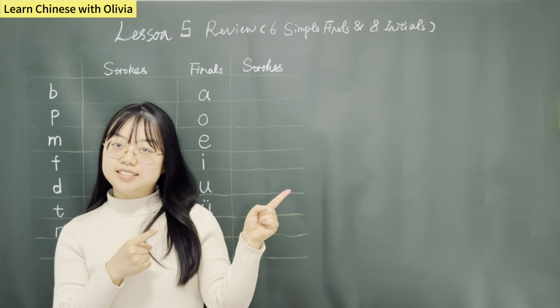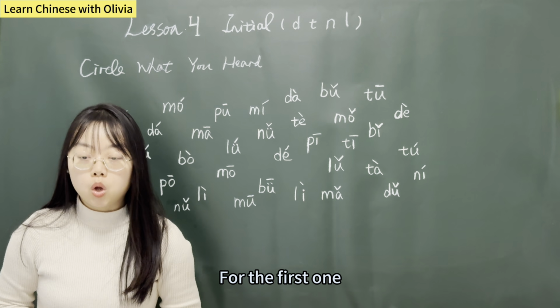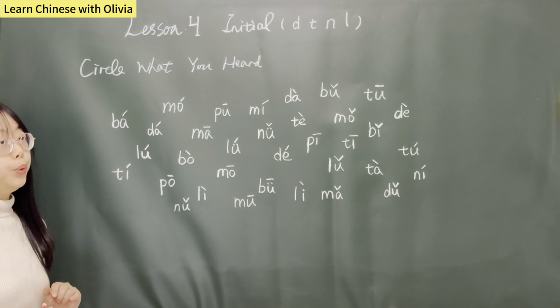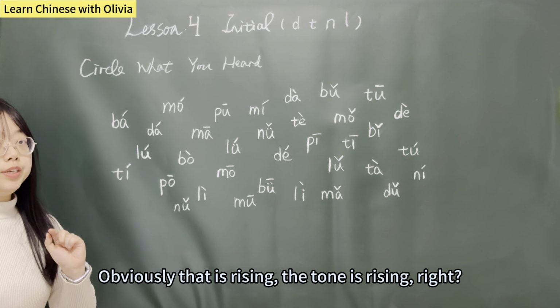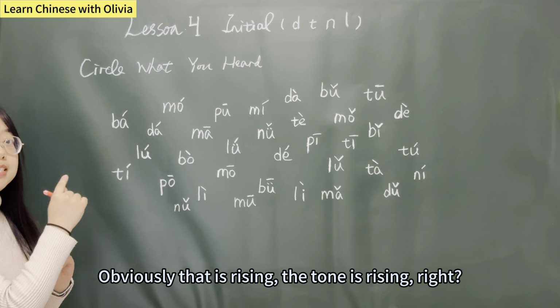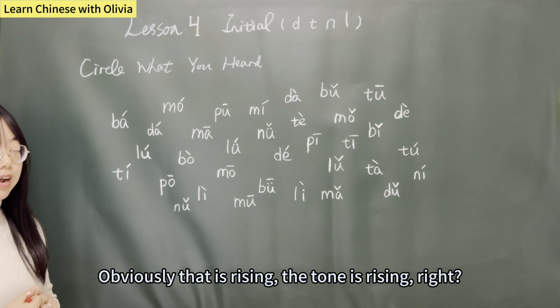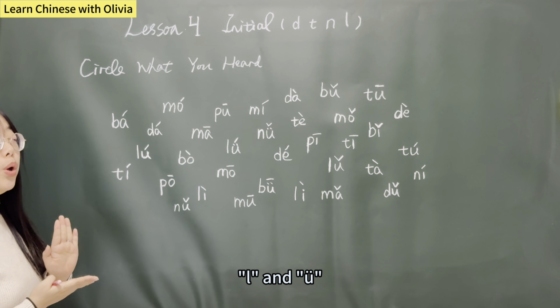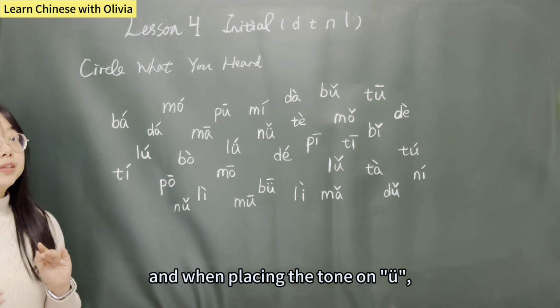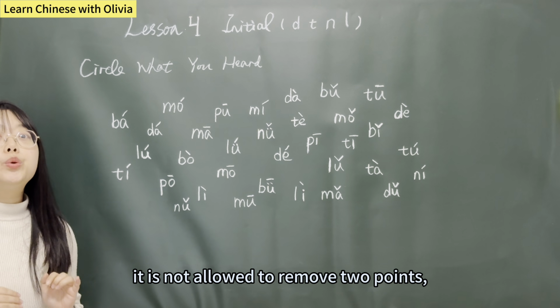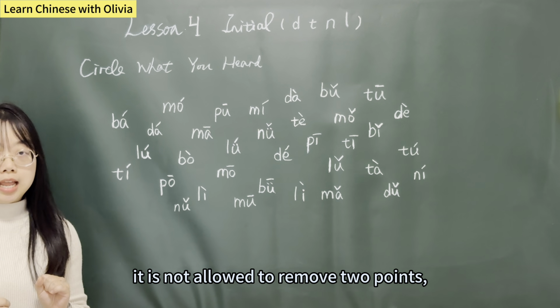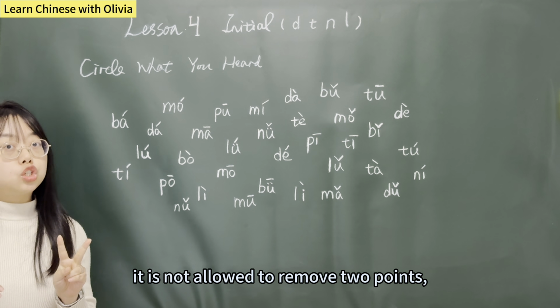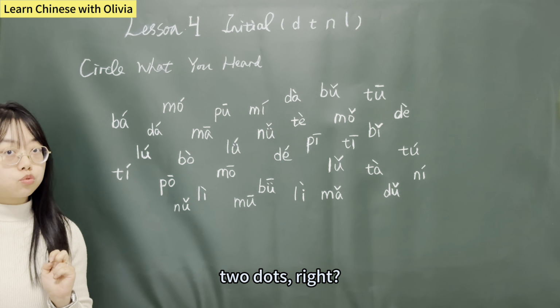Let's have a check. For the first one, 驴. Obviously, the tone is rising, right? And 驴, le, yu, 驴. And when placing the tone on yu, it is not allowed to remove the 2 dots, right?